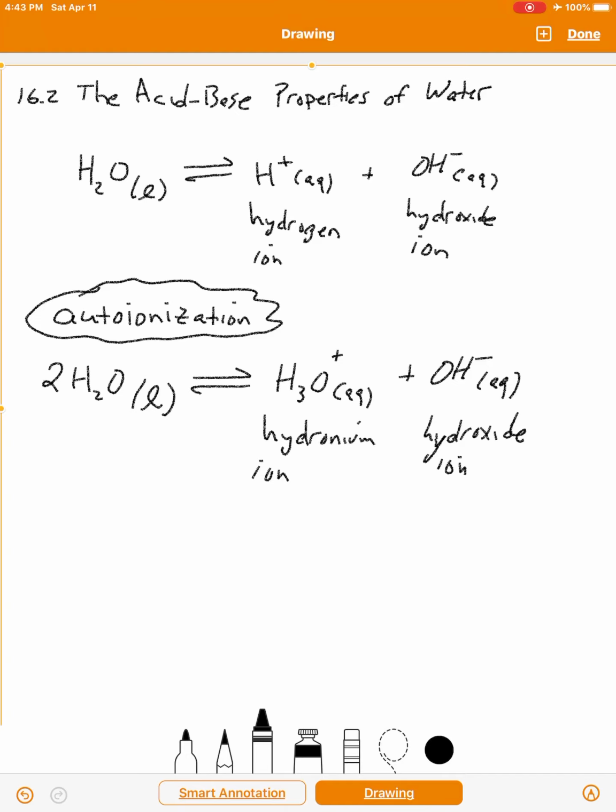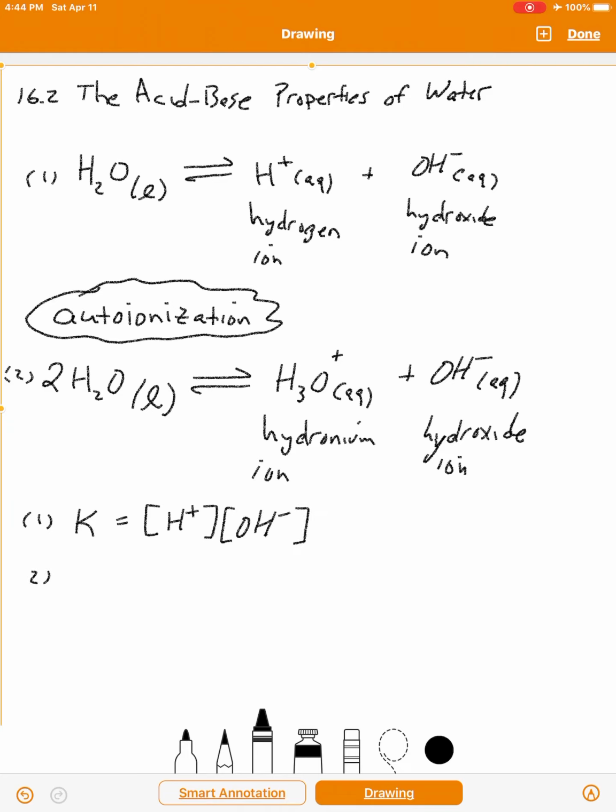Either it breaks up into two separate ions, H plus and OH minus, or two water molecules collide and form a hydronium and a hydroxide ion. Whichever one you want to think of is fine, but we'll call this reaction 1 and this one reaction 2. For reaction 1, if we wanted to write out the expression for K, we would write concentration of H plus times concentration of OH minus.